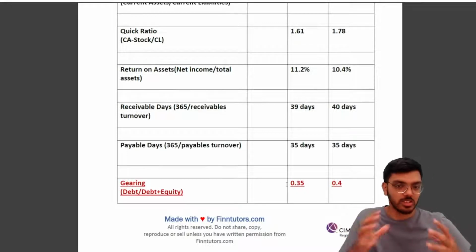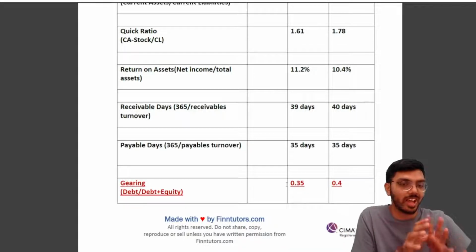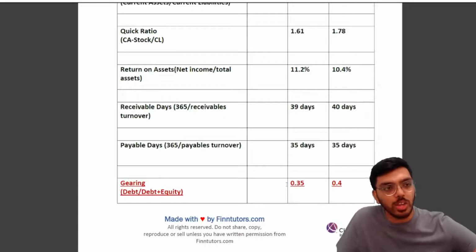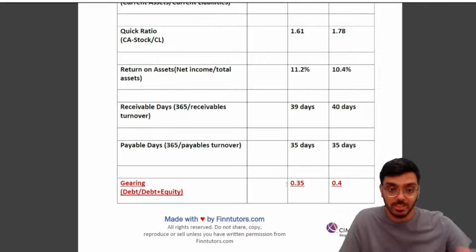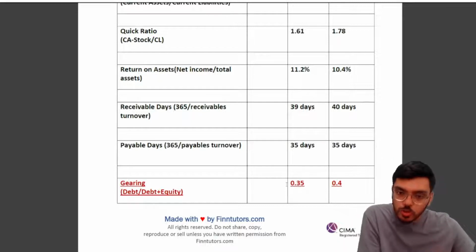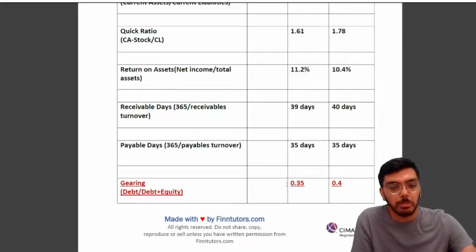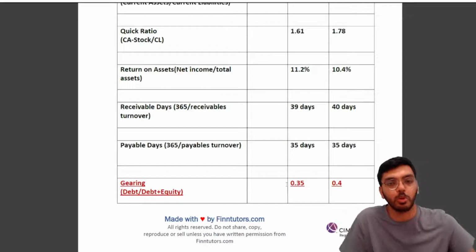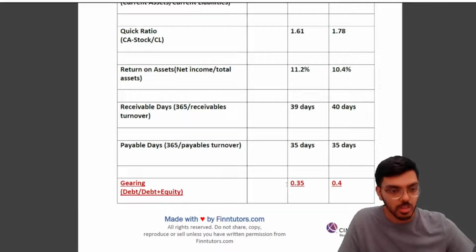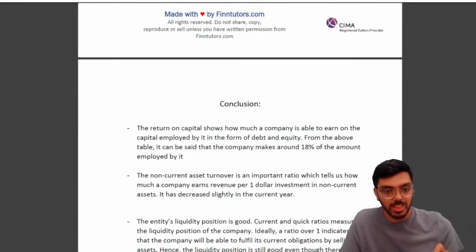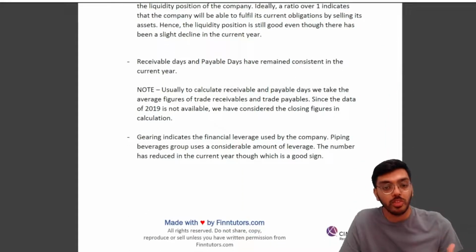So yes, it's coming down to a ratio that is acceptable. Right now, there are no real immediate worries or concerns that we should raise, but it's good that the company is also recognizing that debt should be part of our financing portfolio. So this has been taken into account by the company. It can be said to be good on the management's part as well over here.